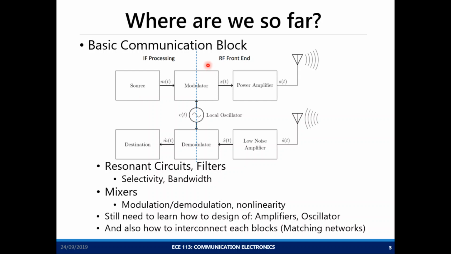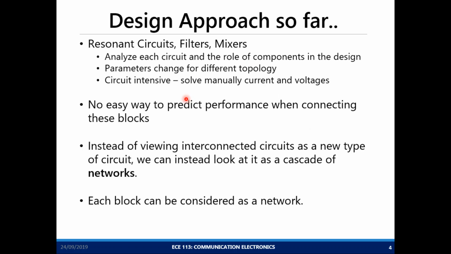The circuit for the modulator is already complicated. If we connect those two together, it will be difficult to analyze them. So instead of looking at it in a system level view and a circuit level view, we can think of them as networks. Okay? And networks bridge the gap between your system level analysis and your circuit level analysis.